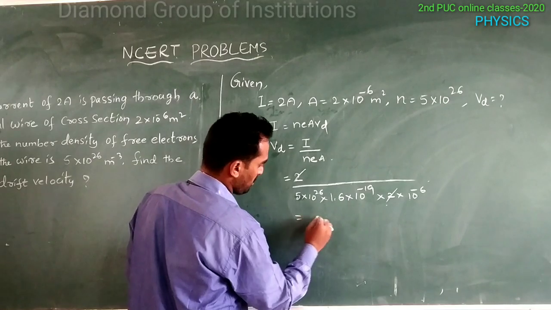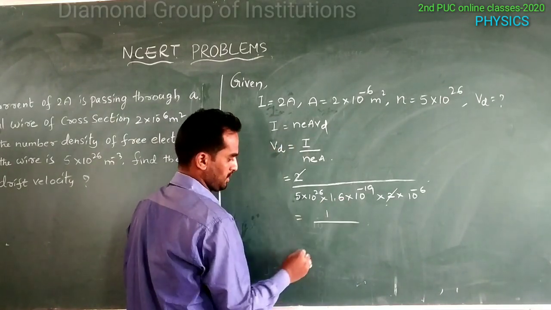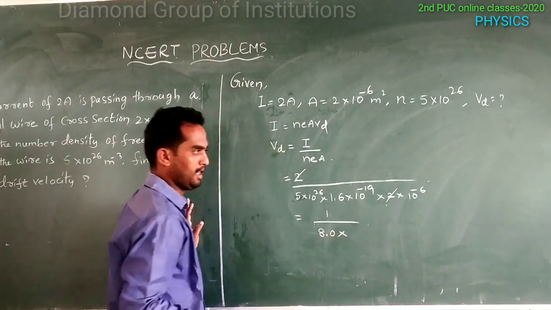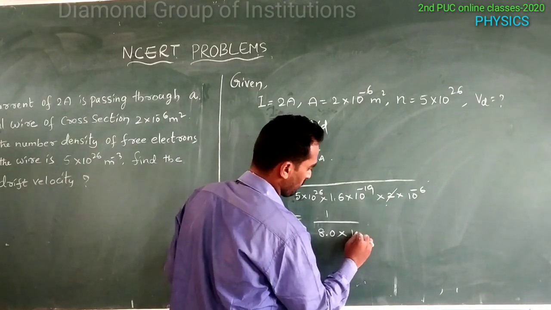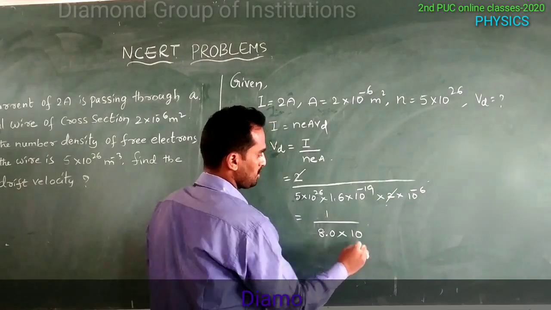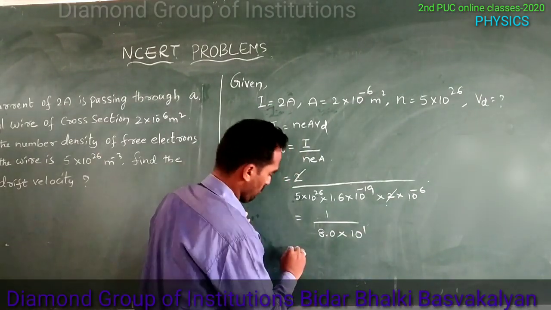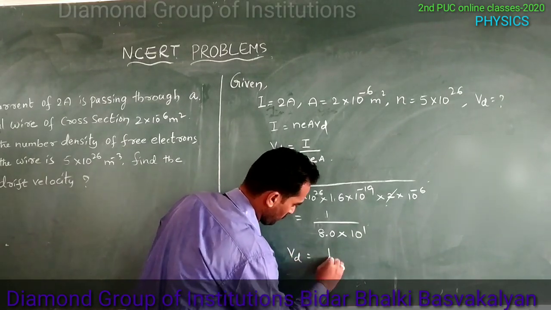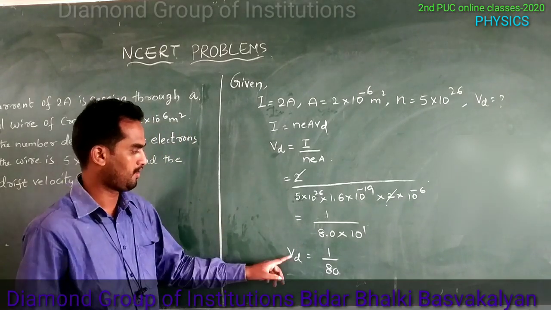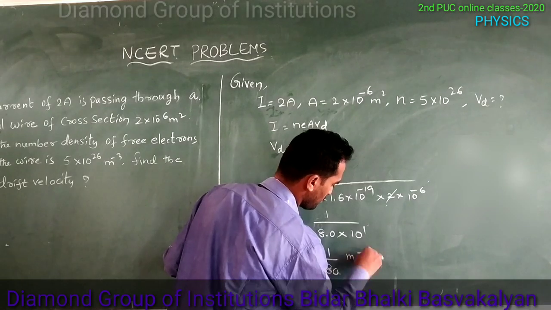So 1 divided by 5 into 1.6, that is 8.0, into 10 to the power of 26 minus 19 minus 6, or you can write 10 to the power of 1. Now what is the final answer? Drift velocity Vd equal to 1 by 80 meter per second.